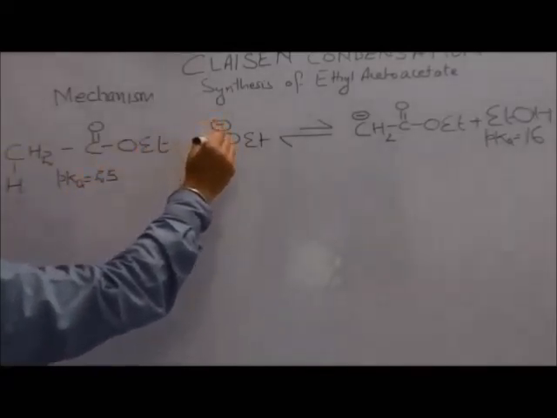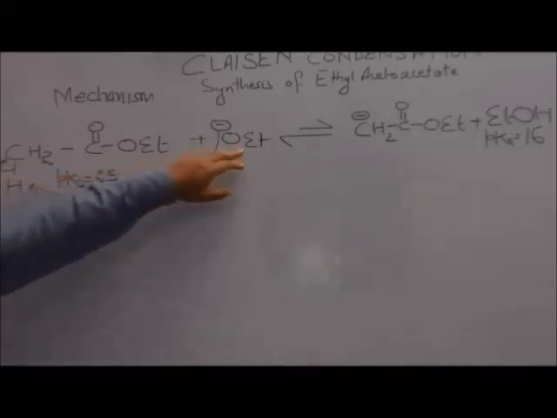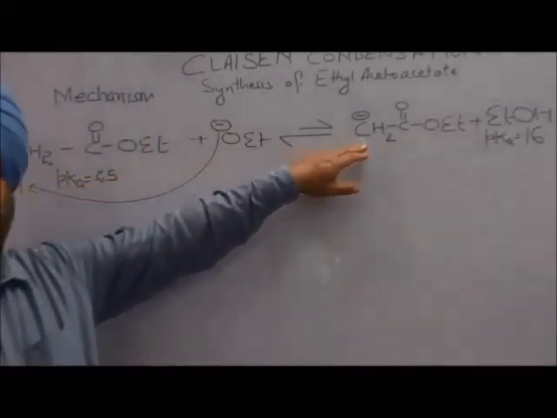Ethoxide ion can abstract this proton, leaving these electrons behind. When the hydrogen is gone, ethoxide ion will be converted into ethanol. So ethanol is formed and we get a nucleophile.